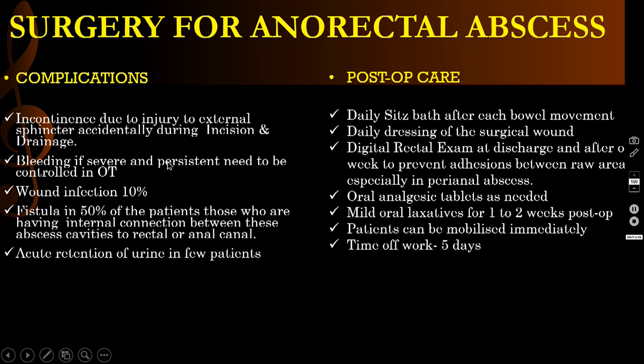If it is persistent, that needs to be controlled in operation theatre. Wound infection in 10% of the patients, fistula formation in 50% of the patients, those who are having internal connection between these abscess cavities to rectal or anal canal. In some of the patients, they may develop acute retention of urine.